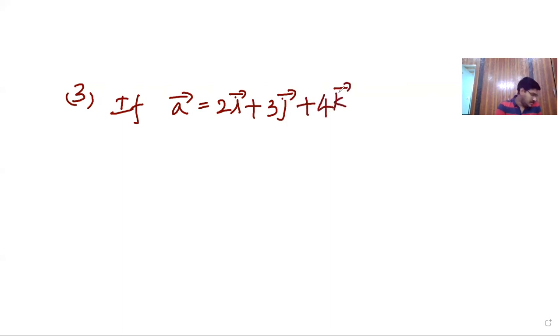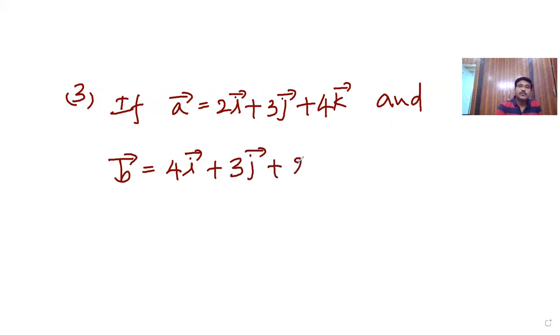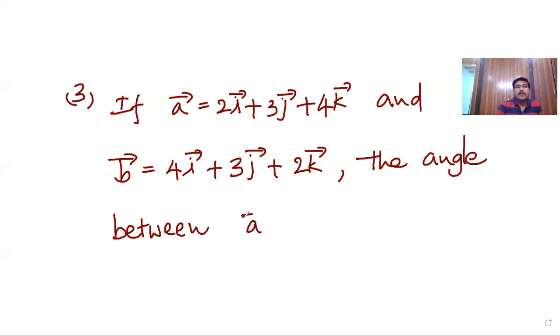Here, if A bar is equal to 2I bar plus 3J bar plus 4K bar and B bar is equal to 4I bar plus 3J bar plus 2K bar, then the angle between A bar and B bar is.